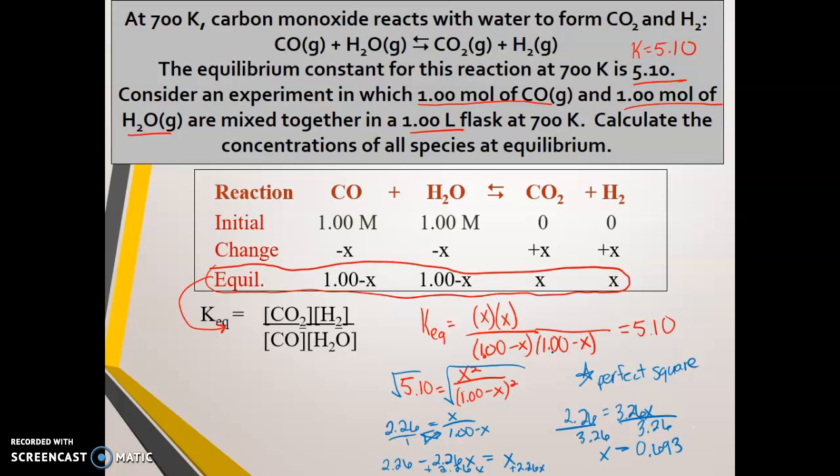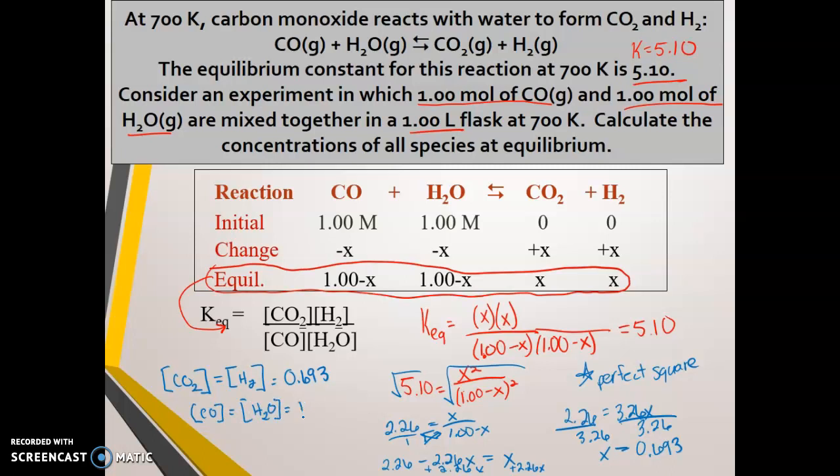So now that we know what X is, we know what the concentration of carbon dioxide is. And we also know this is equal to X, hydrogen's also equal to X. So we know these concentrations to be 0.693. Now for carbon monoxide and water, we have to do a little bit of solving for those.